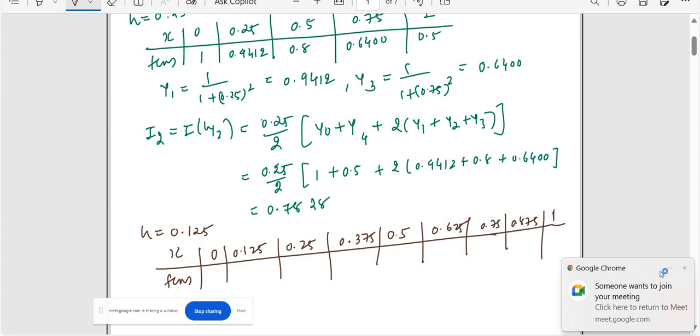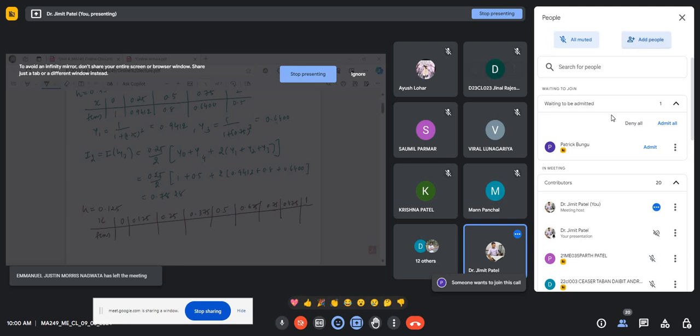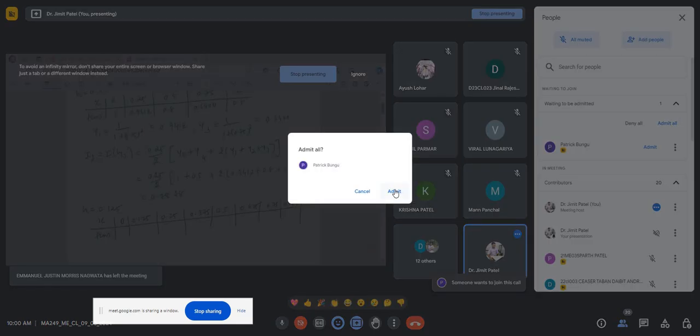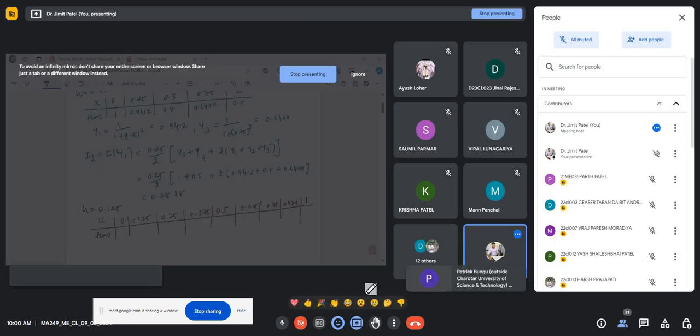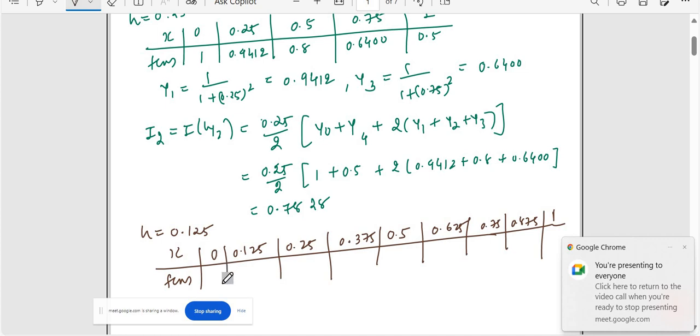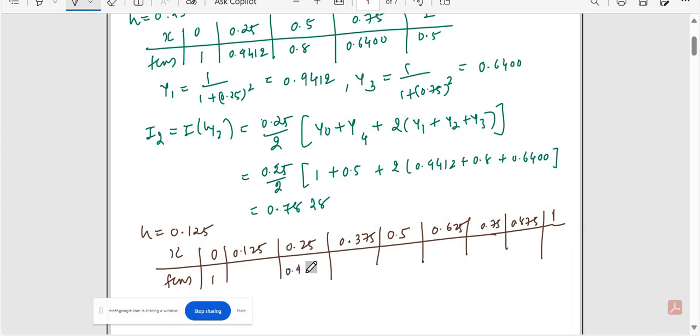Okay, so calculate all these values. For 0 we have 1, for 0.25 we have 0.9412, then for 0.5, 0.8, then 0.6400. Now you have to calculate 4 more values.